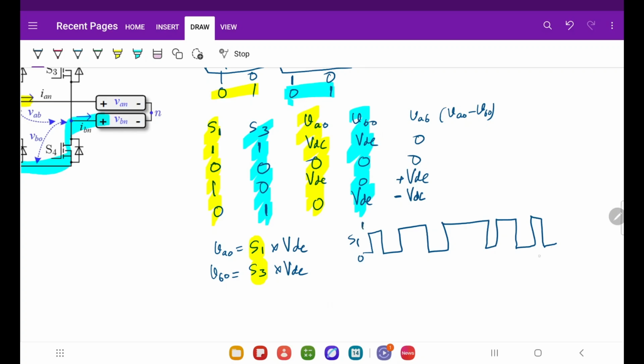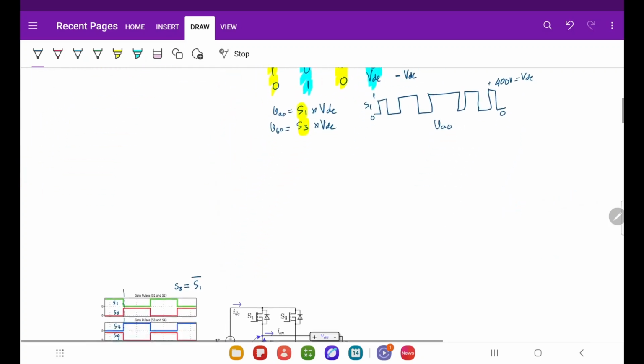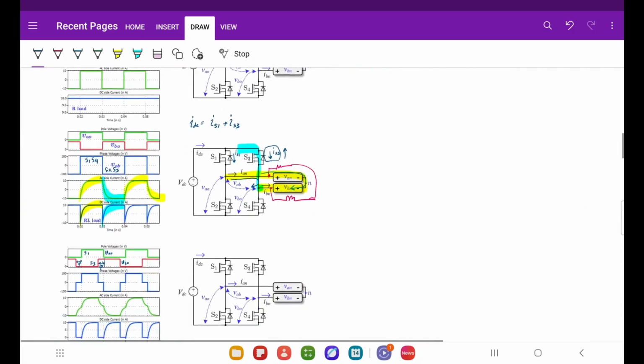Now your VAO will be changing from 0 to plus 400 volt. Or you can say if this is VDC, so this will be 0 to VDC. The waveform will be perfectly the same, just instead of 0 to 1 it will be 0 to VDC. So that is the only change that will be there. So they are following the same waveform.